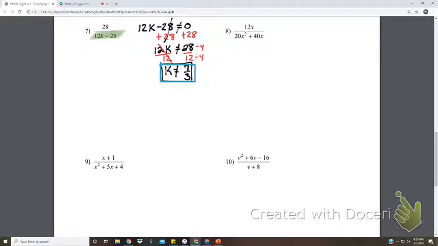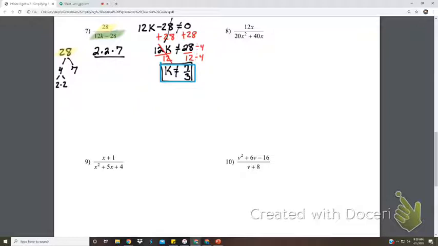So coming back to number 7, if we factor down 28 from the numerator, from the top of the fraction, we've got 4 times 7, and 4 would break down to 2 times 2. So at the top of the fraction, we have 2 times 2 times 7.